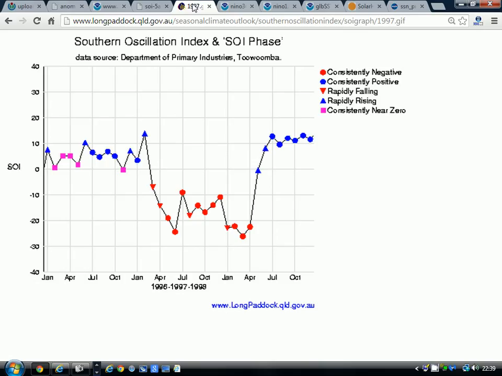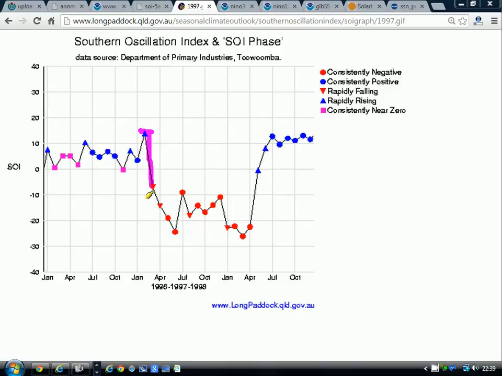But if you want to look at what a mega El Nino looks like, this is the SOI, the Southern Oscillation Index, from 97-98. That was the mega El Nino, and just look how the SOI plunged through 1997. We start here in positive territory in January and February, but the plunge really takes place from February to March, going negative.